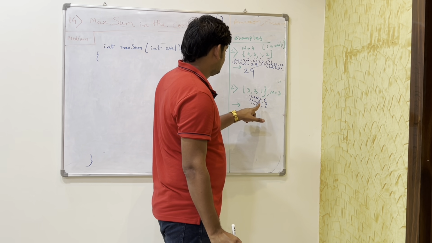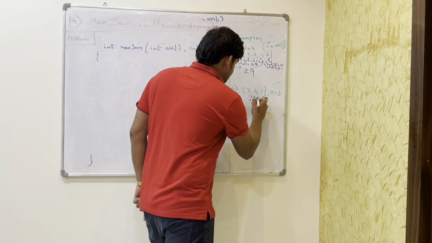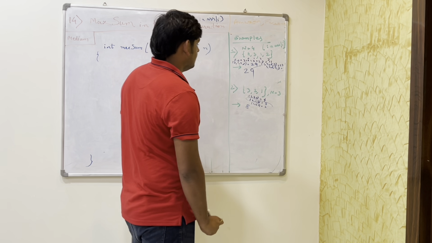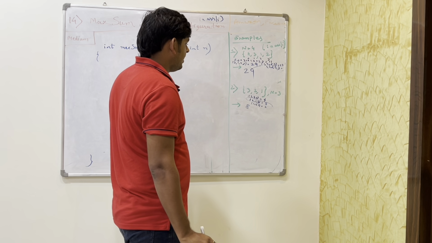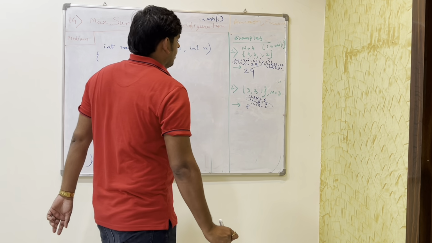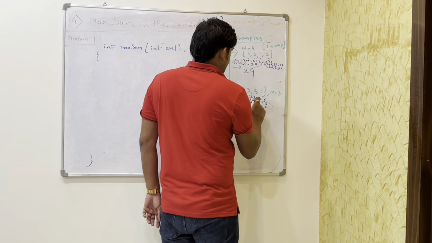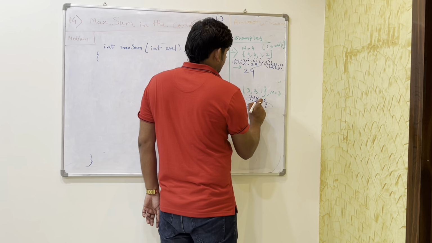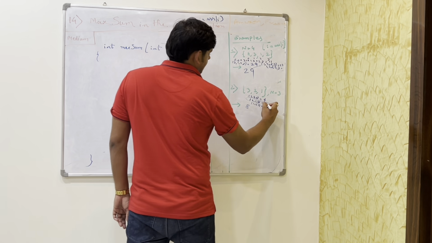So this is the sum where it is maximum, so we will be returning this. So in this way, we need to find the maximum over 3, 2, 1, then 2, 1, 3, and then 1, 3, 2. Yeah, right. So this is the answer.